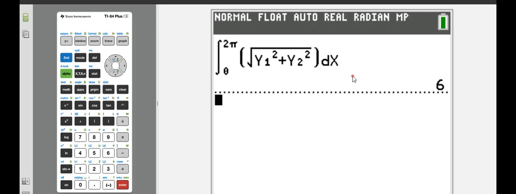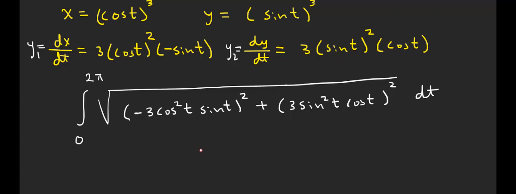And you'll notice that our answer is 6. So therefore, our final answer is 6.